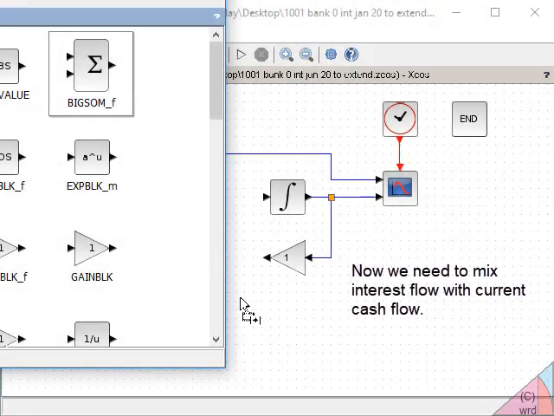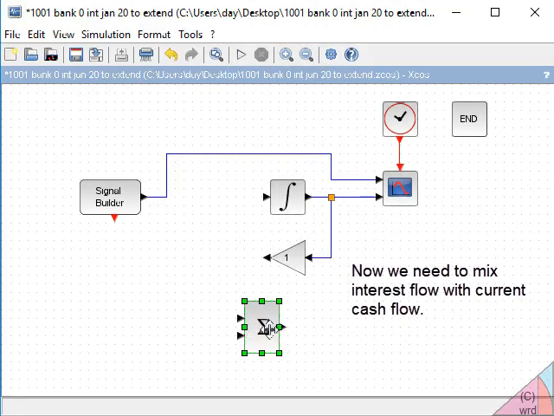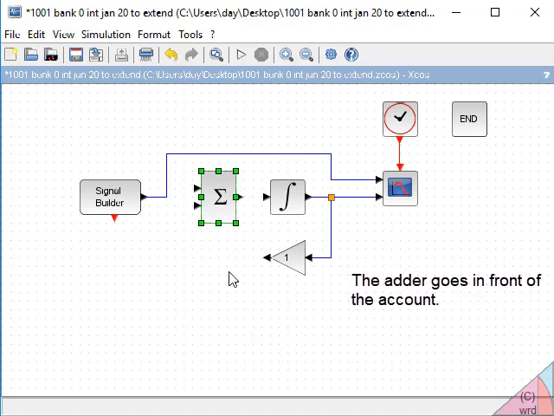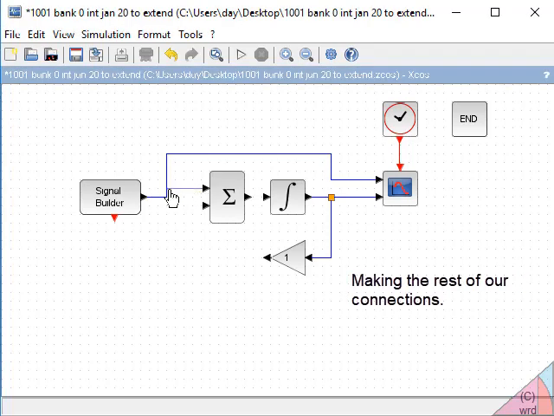Now I go to the parts pages and get a summation block, as we will be mixing interest with deposit, withdrawal activity. The uppercase sigma is our add or subtract block. I place it directly in front of the account. Now I complete our connections.